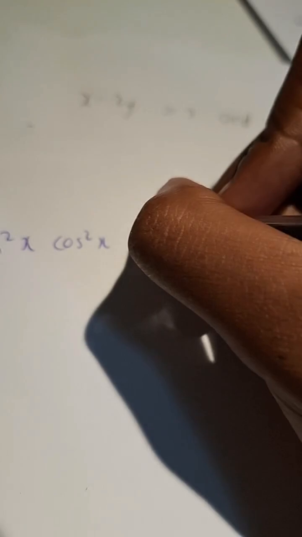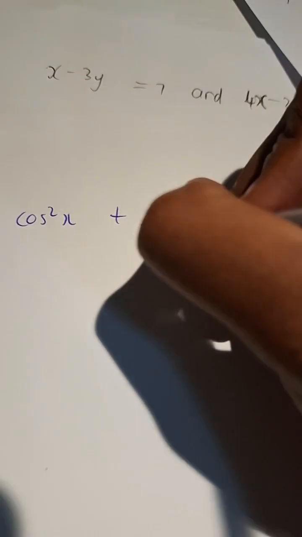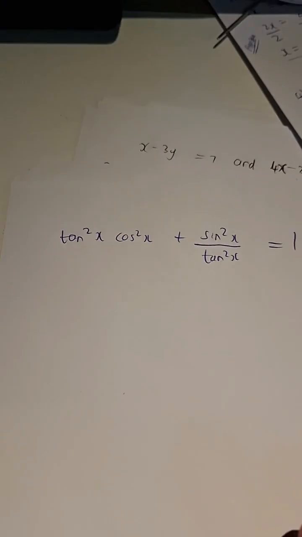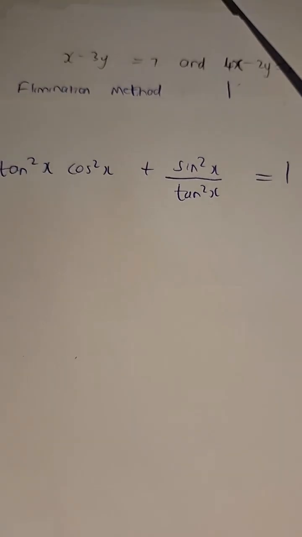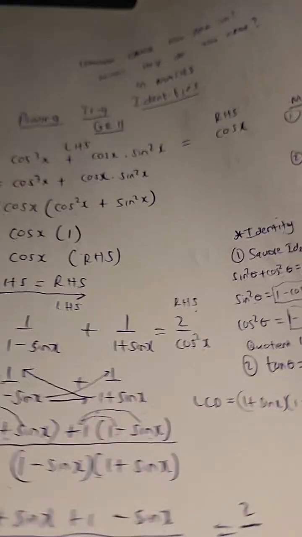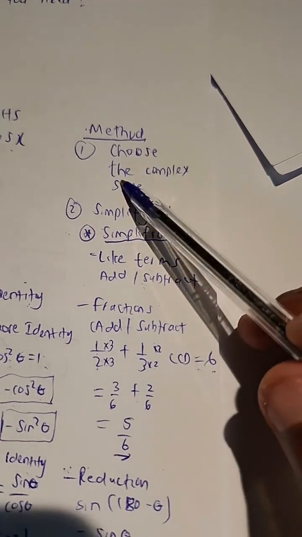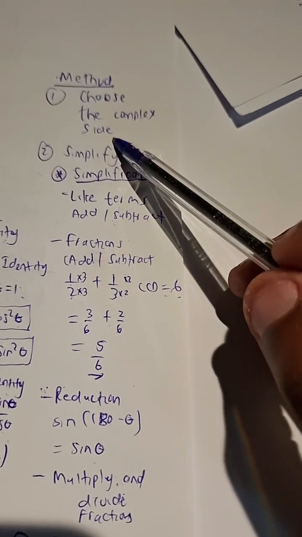Tan squared x cos squared x plus sine squared x over tan squared x is equal to 1. Guys, hopefully you can see. As per the method I taught you, first step, we choose the complex side. Then we simplify it.